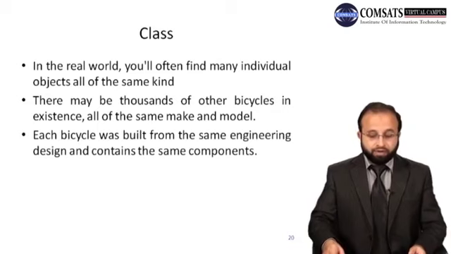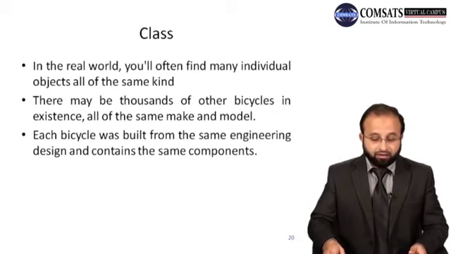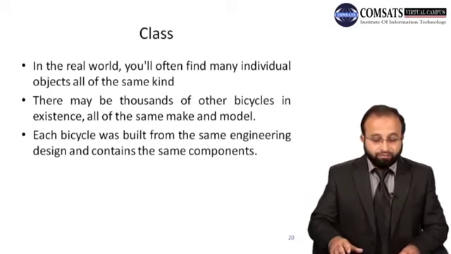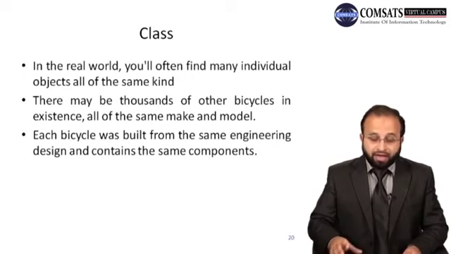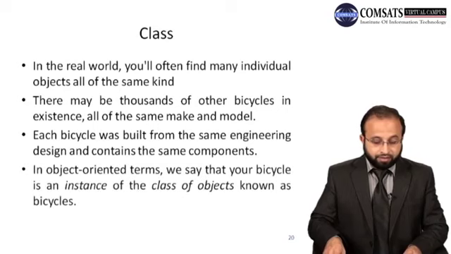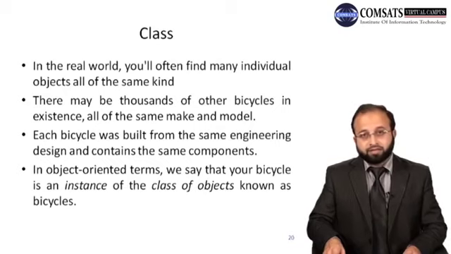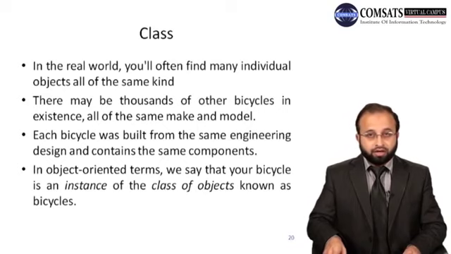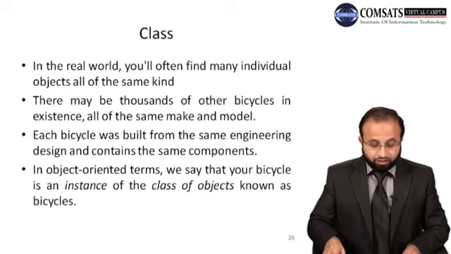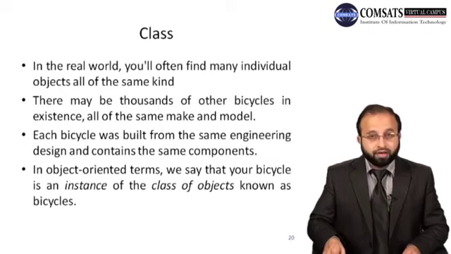Each bicycle or car was built from the same engineering design and contains the same components. In object-oriented terms, we say that your bicycle is an instance of a class of objects known as bicycle, or your car is an instance or an object of the class of objects known as cars, right?